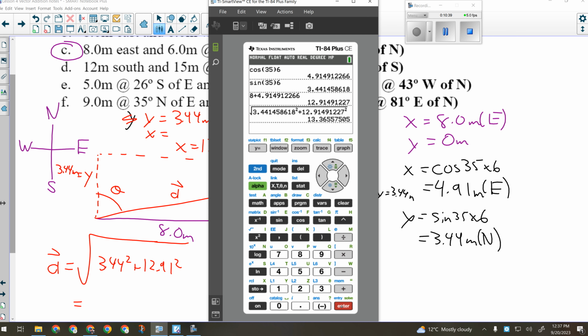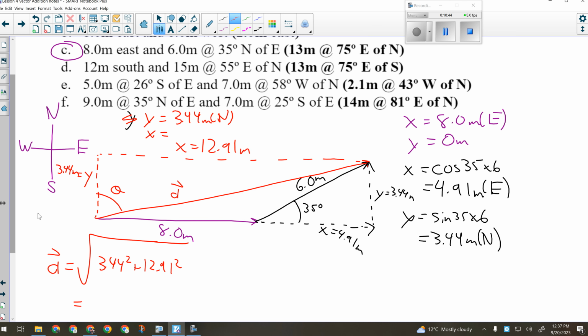All right, so we get that our overall displacement to two significant digits is going to be 13 meters. All right, and now I need to get theta.